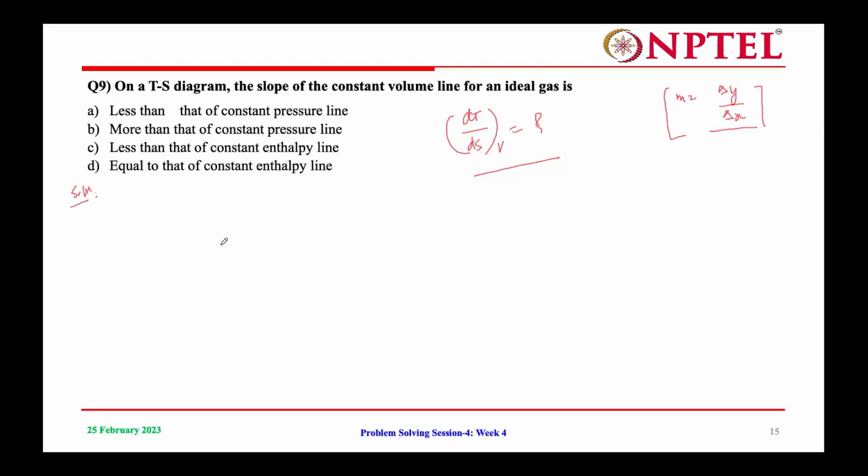So considering here entropy is a function of temperature and volume, you can write S as a function of T and V, right? Now differentiate: dS = (ds/dT) at constant V dT plus (ds/dV) at constant T dV, right.